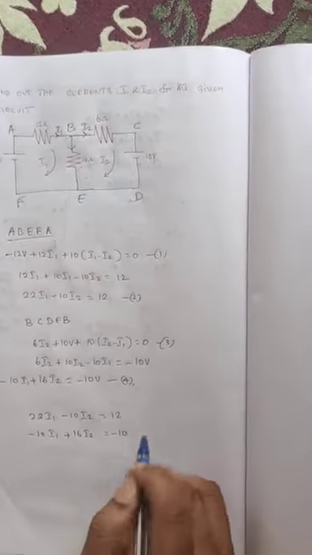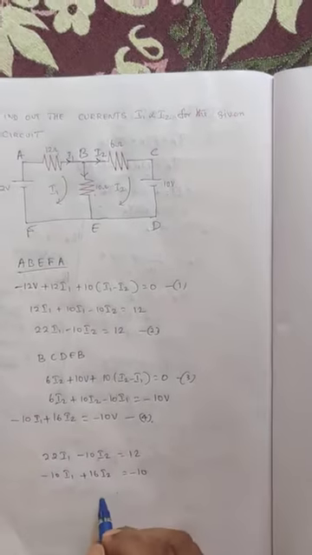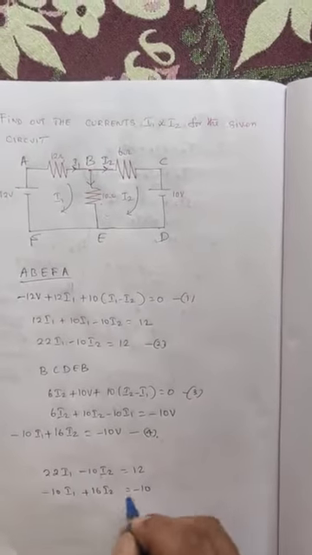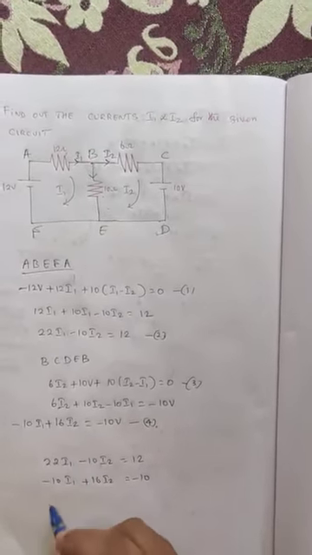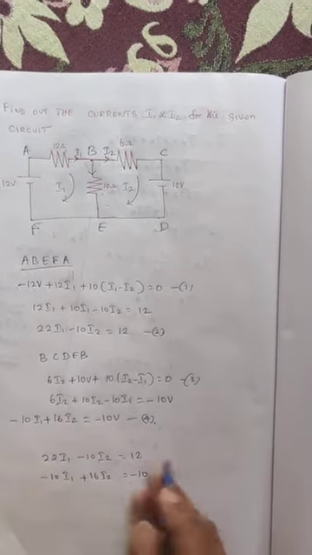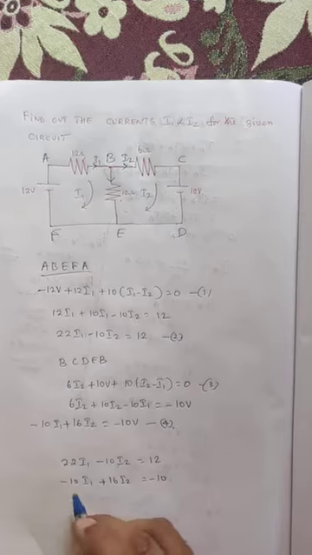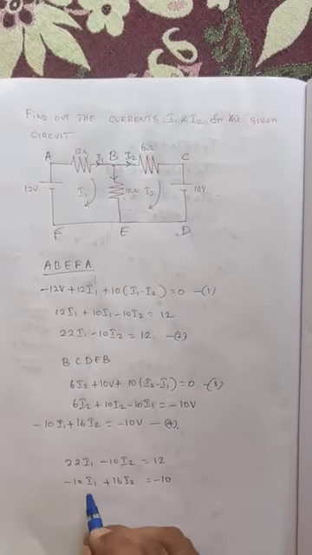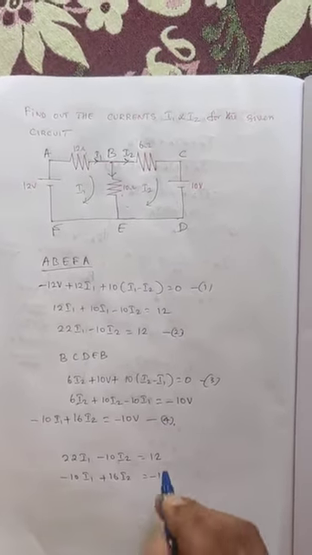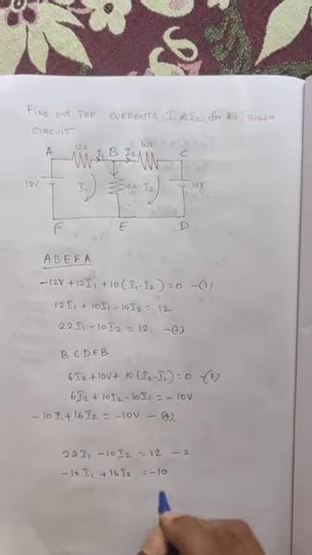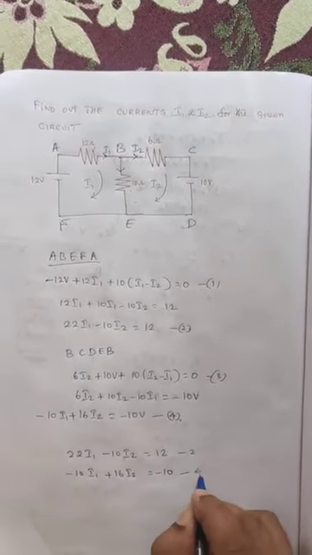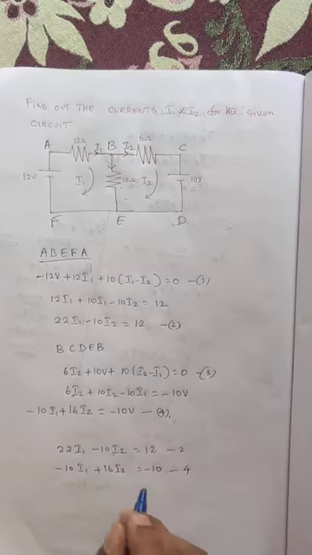Now we have to simplify using mathematical help. We can remove one term and find out the other term. For example, I am going to remove I1. For removing I1, I can multiply equation 2 with 10 and equation 4 with 16.